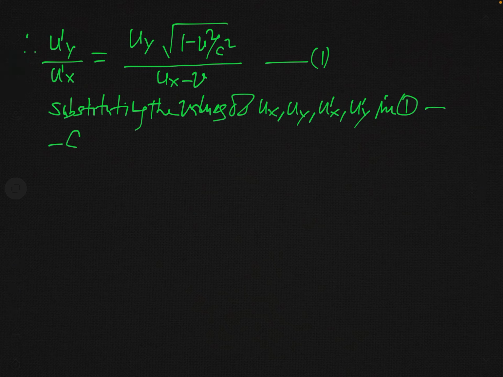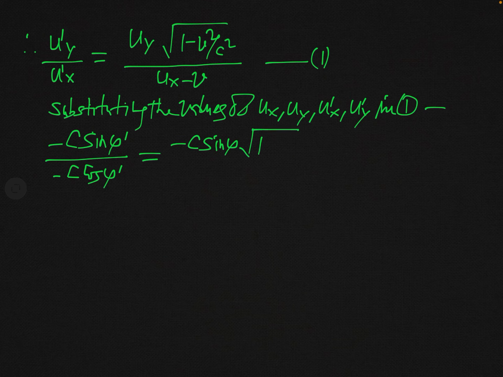So substituting these values, we will get that this is minus c sin phi prime over minus c cos phi prime, and this will be equal to uy, you know it is minus c sin phi into root over 1 minus v square by c square and divided by ux. You know ux is what?